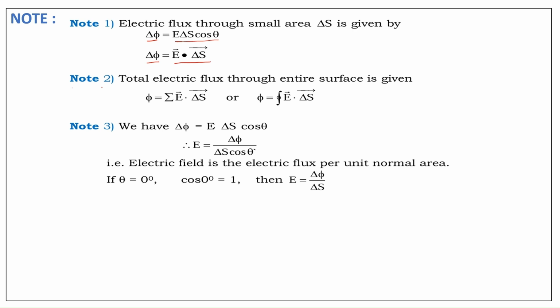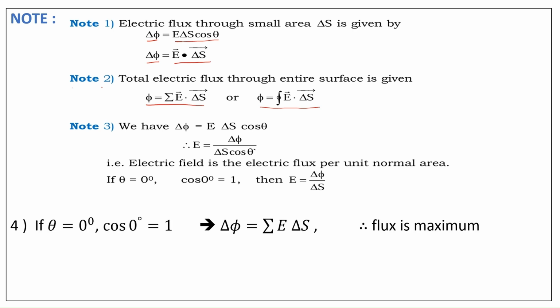Total electric flux through the entire surface is given by phi is equal to summation of vector E dot delta S, or phi is equal to the closed integral of E dot dS. 3. We have delta phi is equal to E delta S cos theta. Therefore, E is equal to delta phi by delta S cos theta. That is, electric field is the electric flux per unit normal area.